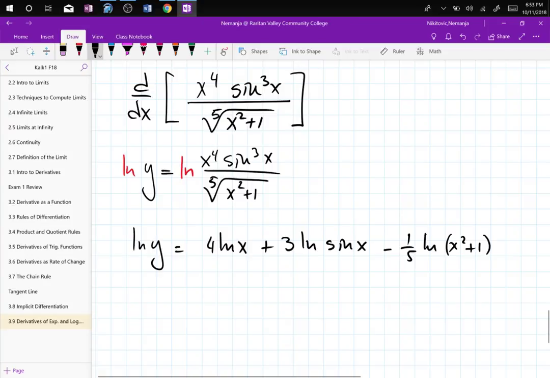Once you expand everything, you hit this with a derivative, and that derivative is clearly implicit derivative. So derivative of ln y is 1 over y dy dx. Remember, you have to follow with a chain if you take the derivative of y with respect to x. Now you see that 1 over y?